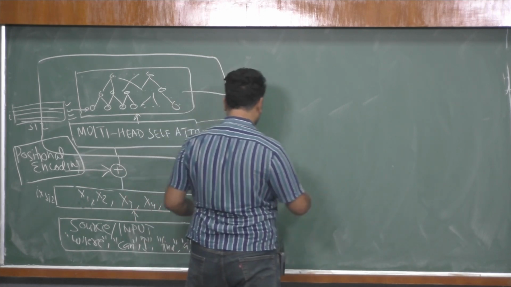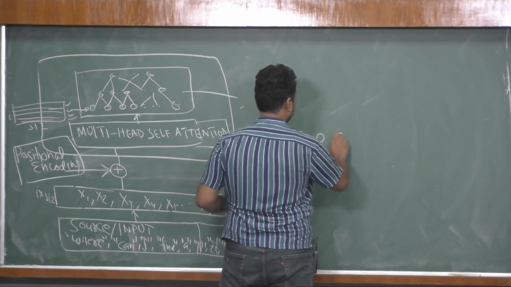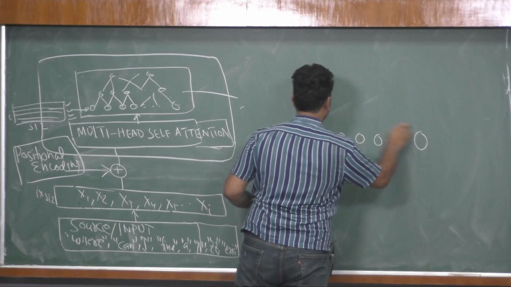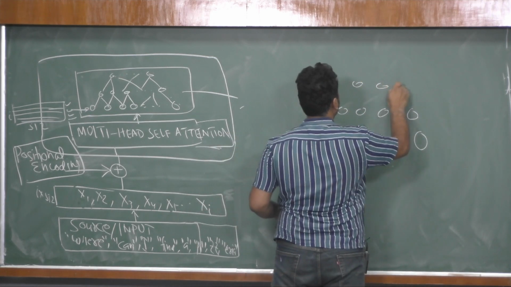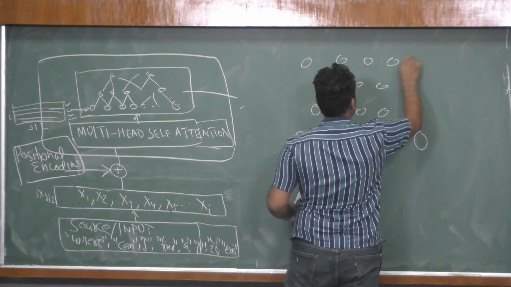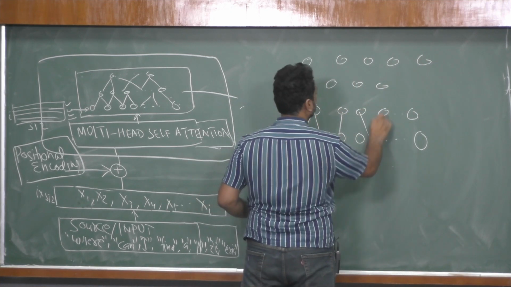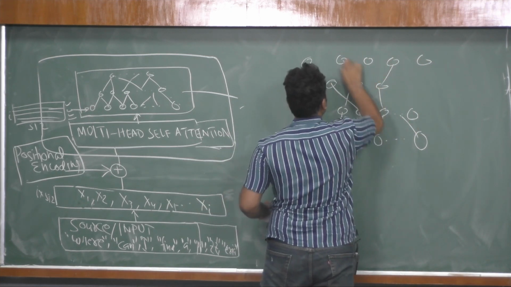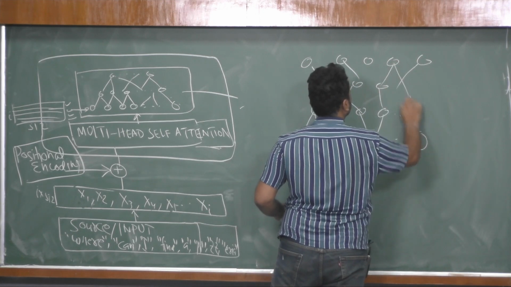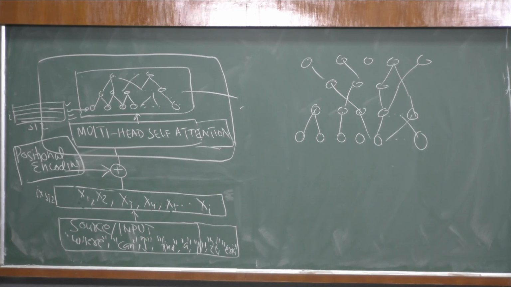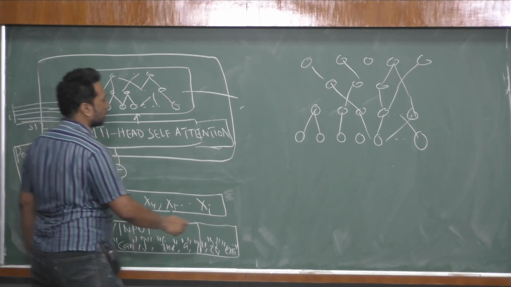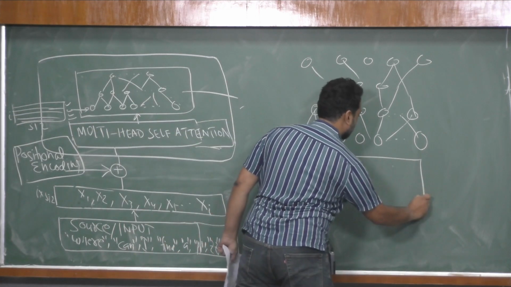So I have a neural network. I'm drawing some arbitrary graphs. This is our neural network, and it takes the vector like this.